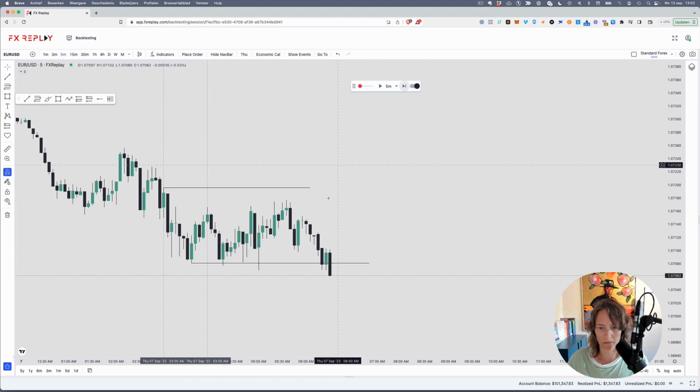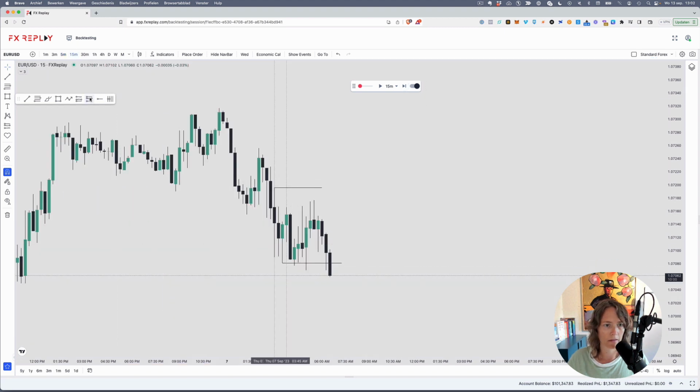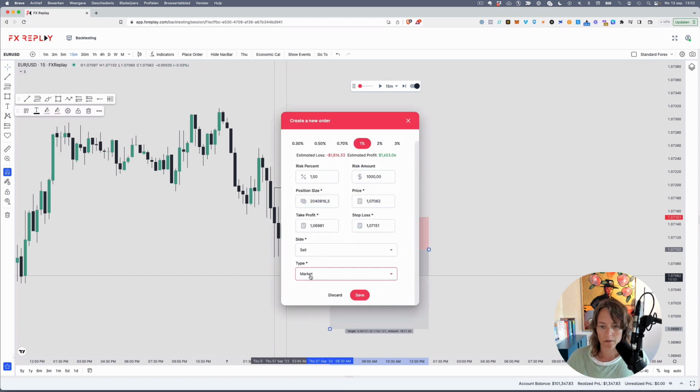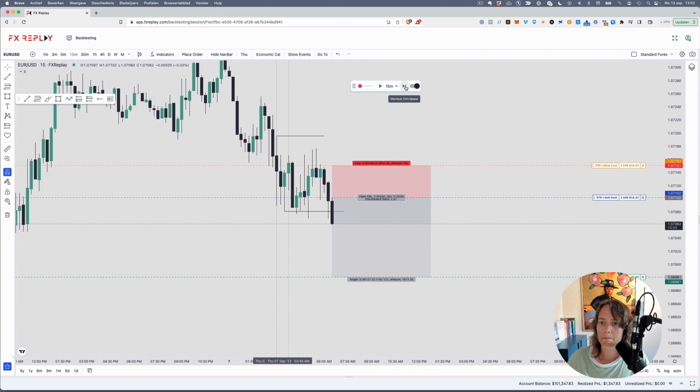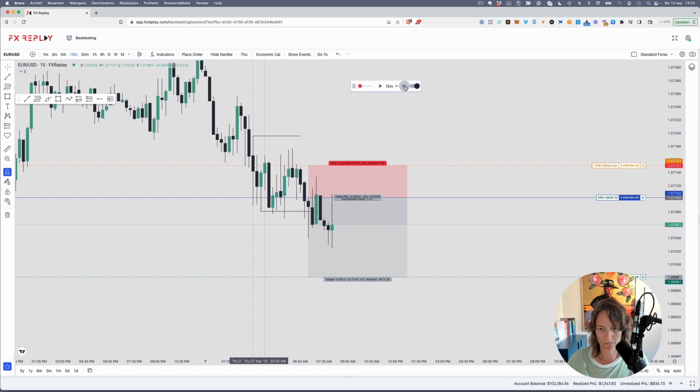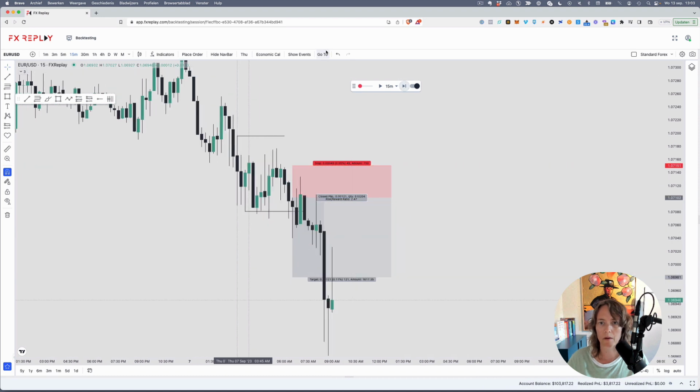I want a bigger candle. Yeah, that's better. A nice fair value gap over here, which aligns with this order block. Let me do that one. Place the order, a limit. That would have been a win.